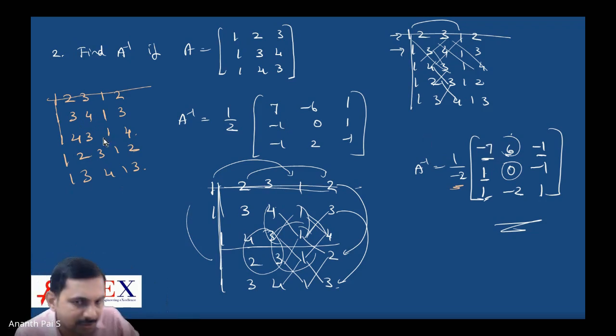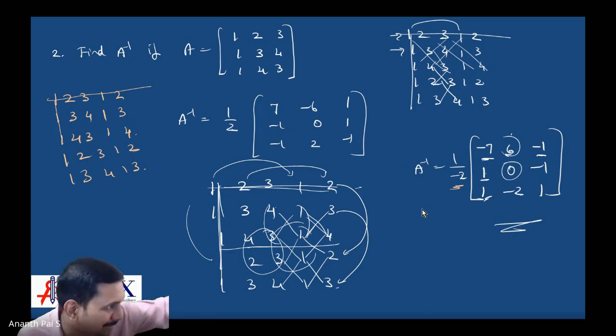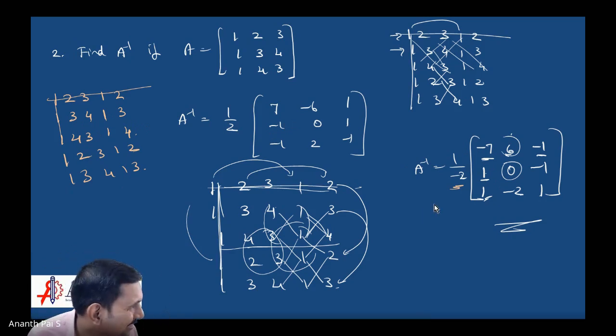Next, again very important. You are going in rows here, you come in columns over here. That is the only thing. Using this, within 2 minutes you can write the inverse.